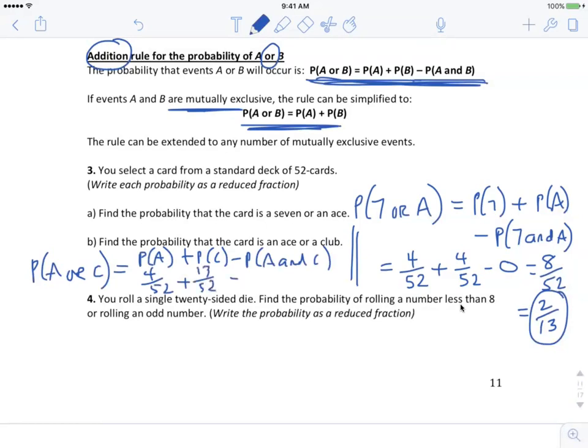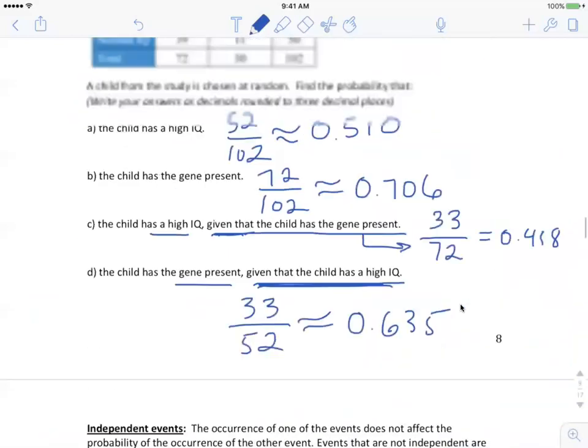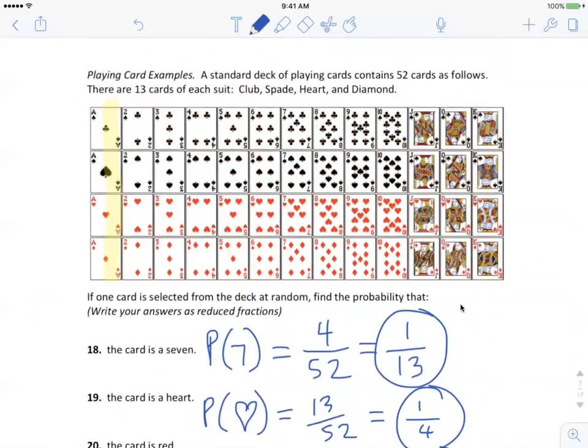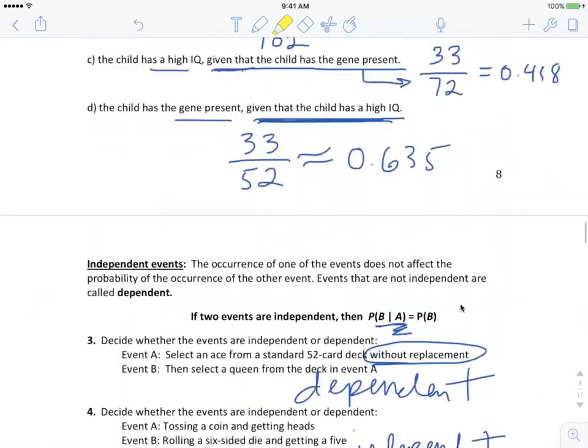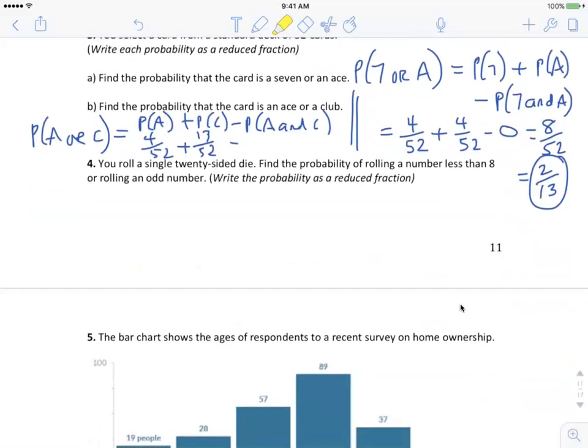And then, did I double count? Is there any cards that are both the ace and the club? Yeah, I'm going to go back and look at it. An ace and a club is right there, right? The ace of clubs, okay? It's both an ace and a club, so I've got to subtract that one. Essentially, what you're doing is you're subtracting the double count.